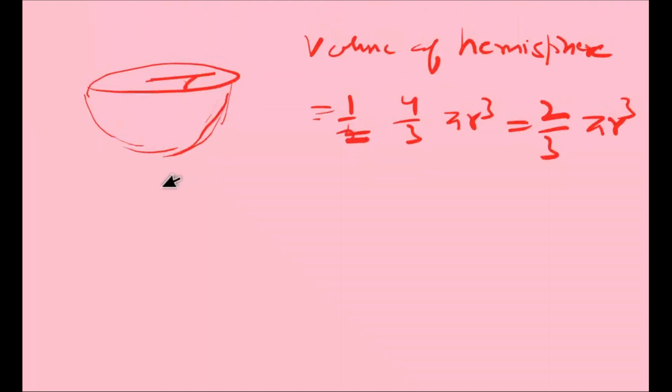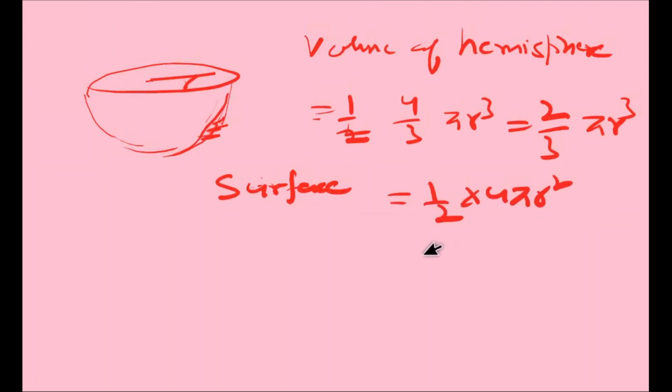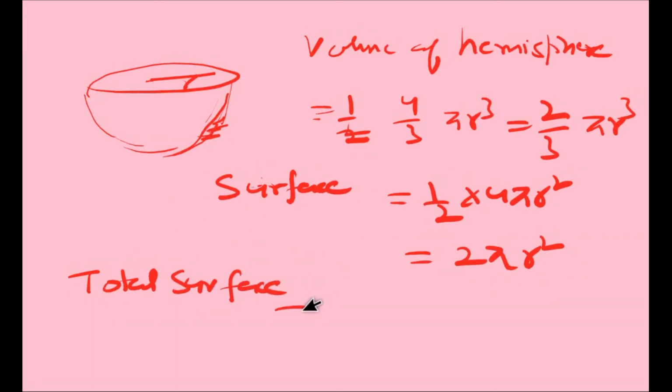Okay. Now the total curved surface, that is this surface, is half of the full surface, that is 4 pi r square. What is left here? 2 pi r square. Now for the total surface, the formula will be curved surface plus plane.